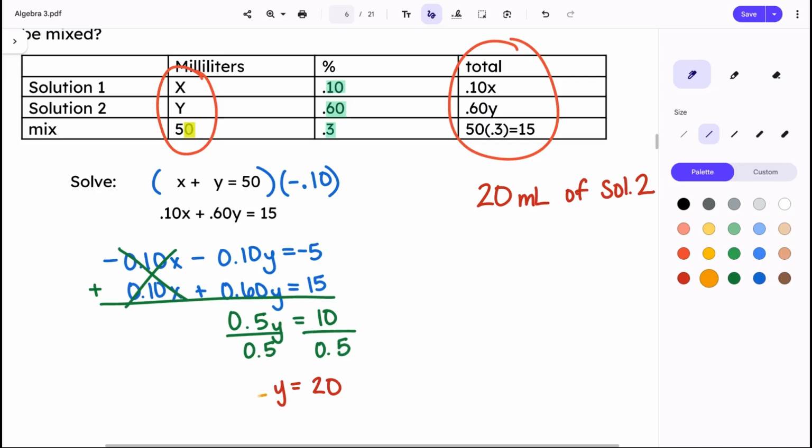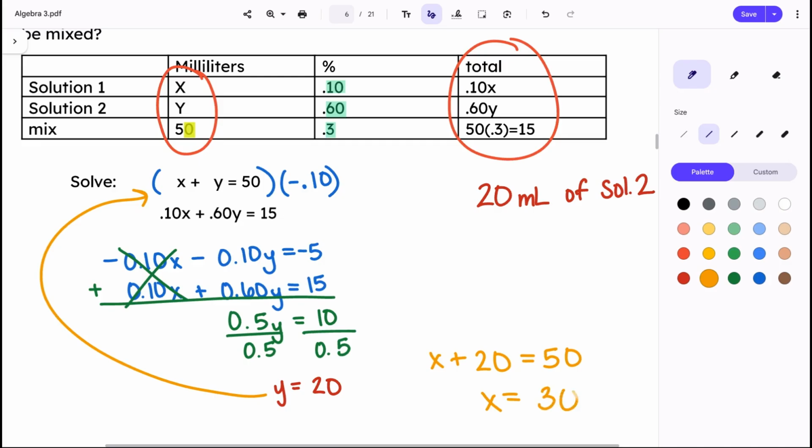It doesn't matter which one, but I would probably use the top one because it's just x plus y equals 50. So if x plus 20 equals 50, how many milliliters of the other solution do I need? 30, right? So I need 30 milliliters of solution 1.